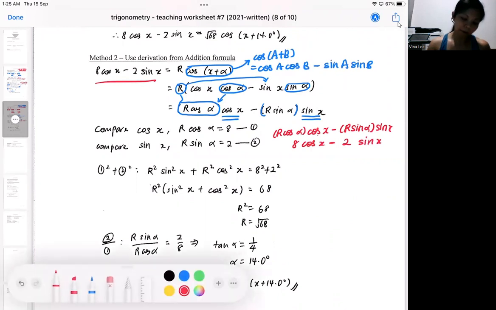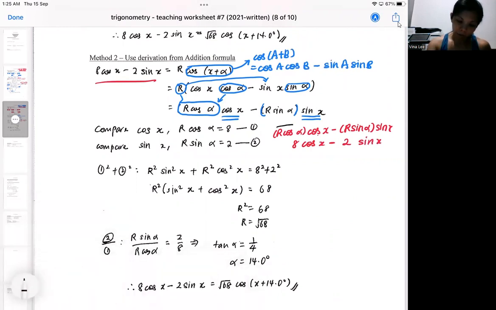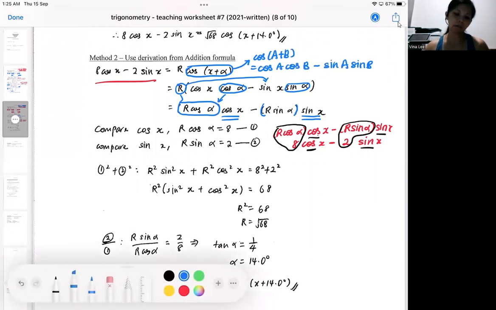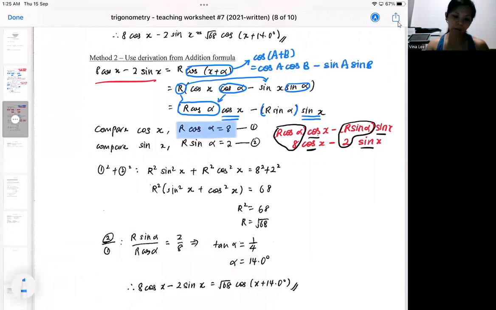If you do the comparison, it will be easier. You will see that this is equal to 8. If you compare the cosine, you will see that this is equal to 2 when you compare the sine x. So that's exactly what I'm comparing. When I do the comparing successfully, I would have gotten this and this.